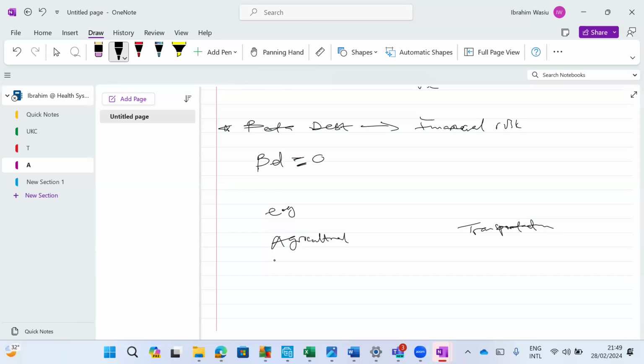The financial risk is my own wahala because I'm the one to decide how I want to finance it. I'm the one to say I want to use so much equity and so much debt. But the business risk is beyond my power as a company.